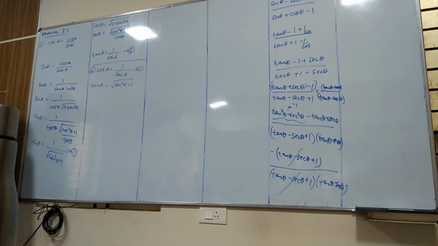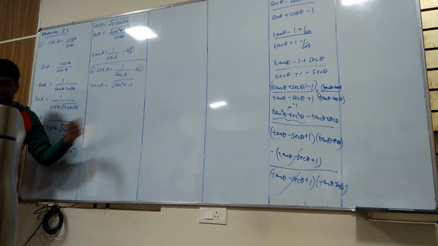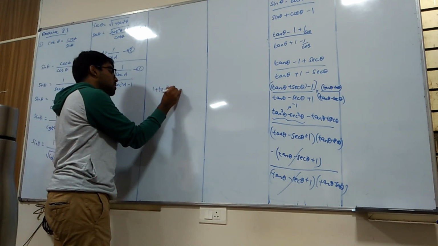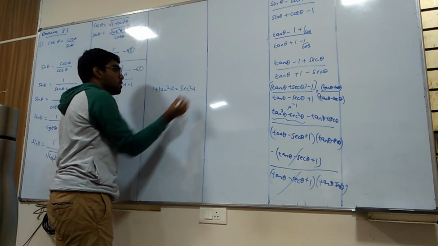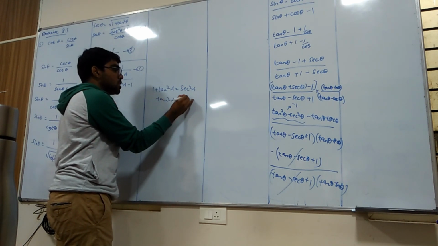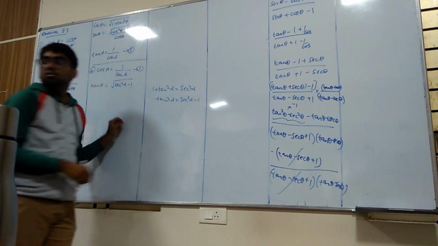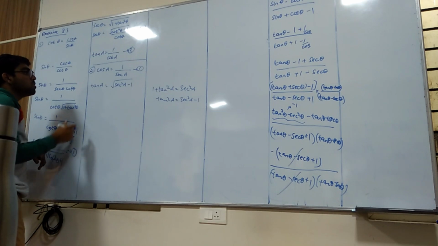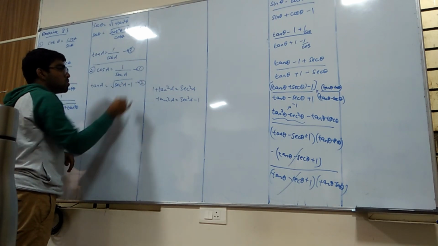Because 1 plus tan square A is equal to secant square A. So tan square A is equal to secant square A minus 1. Tan is equal to root of that. Clear?